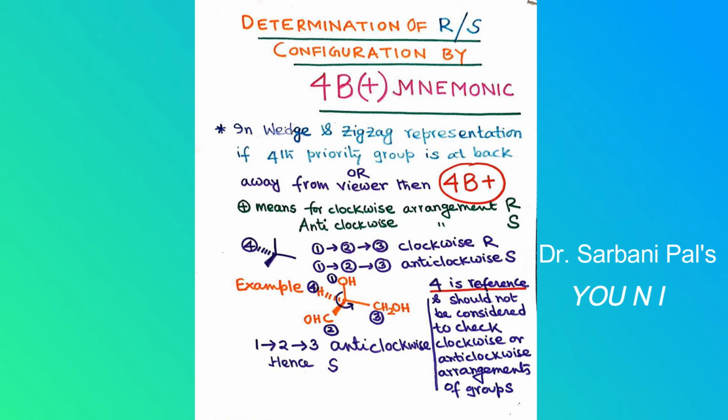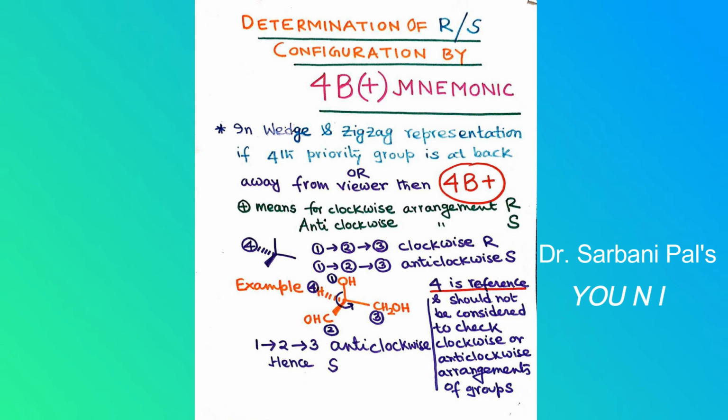Now let us apply this concept by taking one suitable example. In the chiral center, I have taken four groups. OH is the first priority, CHO is the second priority, CH2OH is the third priority, and the hydrogen is the fourth priority, which is pointing at the back because the hydrogen is at the dotted line.